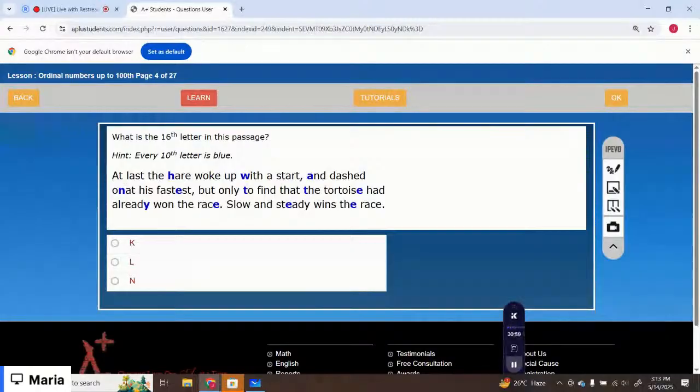What is the 16th letter in the passage? That is 10, 11, 12, 13, 14, 15, 16. K is at the 16th position. The correct option is K.